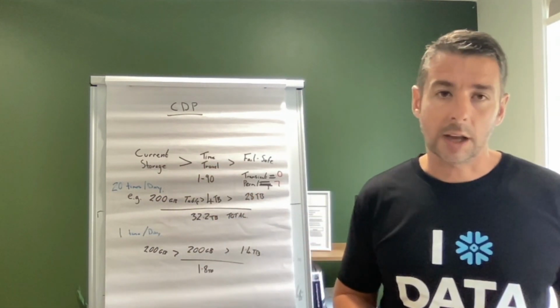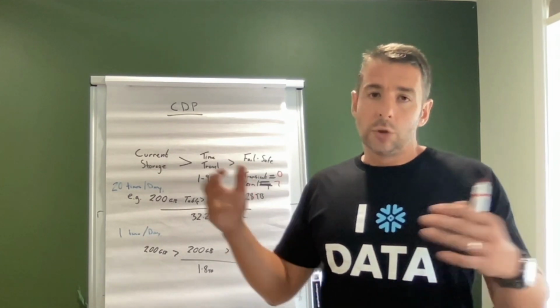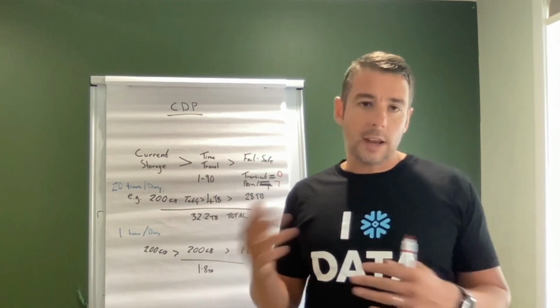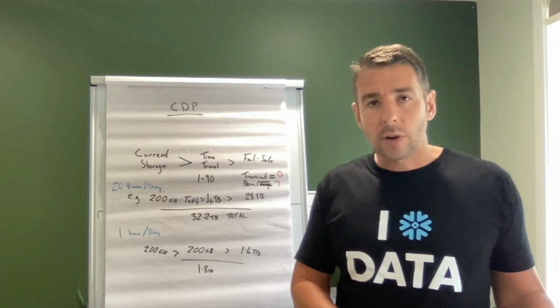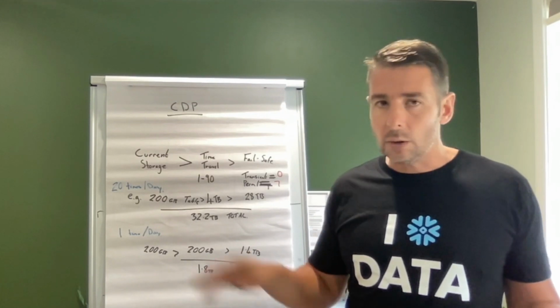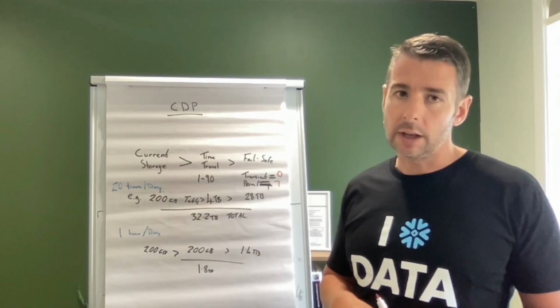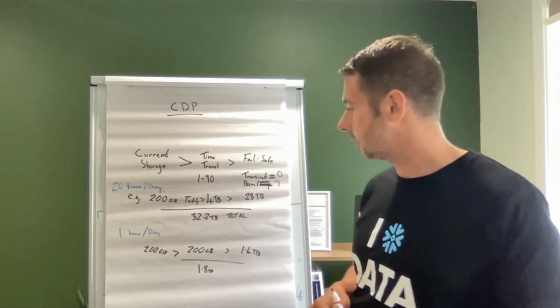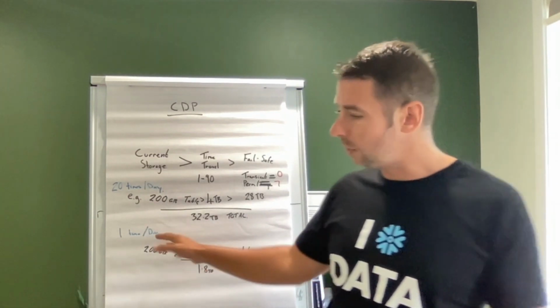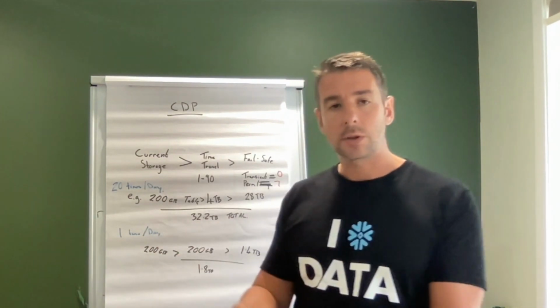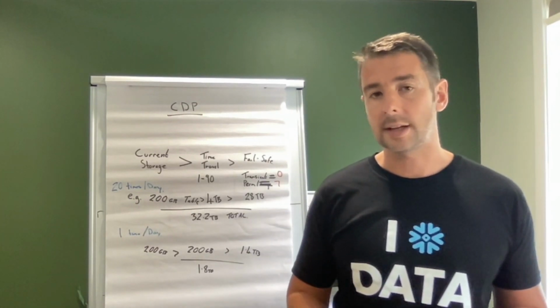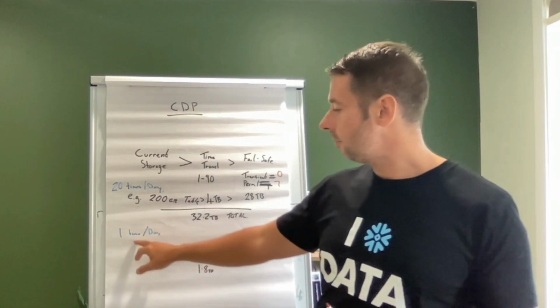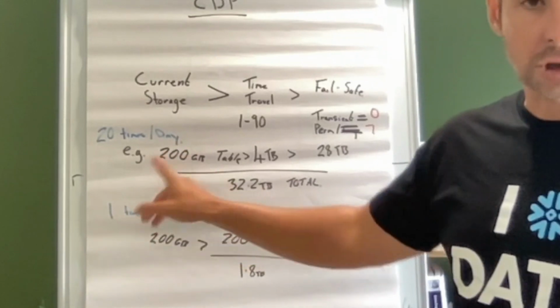So what does that look like? Let's say these 20 changes on every row every day, we're going to direct to a transient table instead. And I'll get into more detail on what that looks like for real on the next page I've got. And then we can push those changes into our target table on a controlled basis, let's say once a day. So every record of our 200 gigabytes is now just changing once a day.